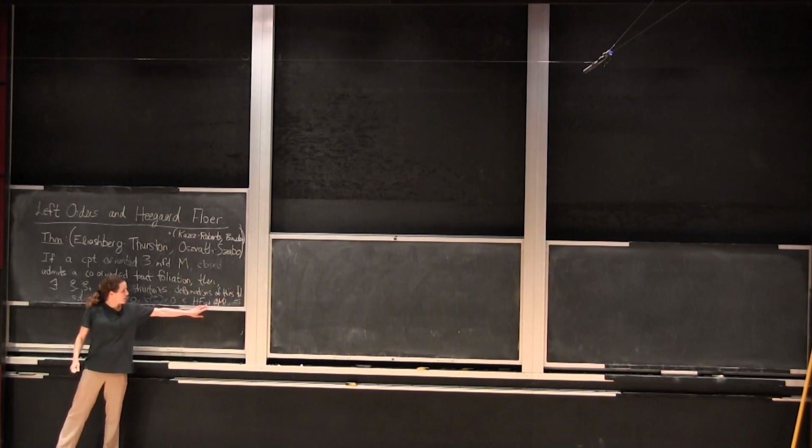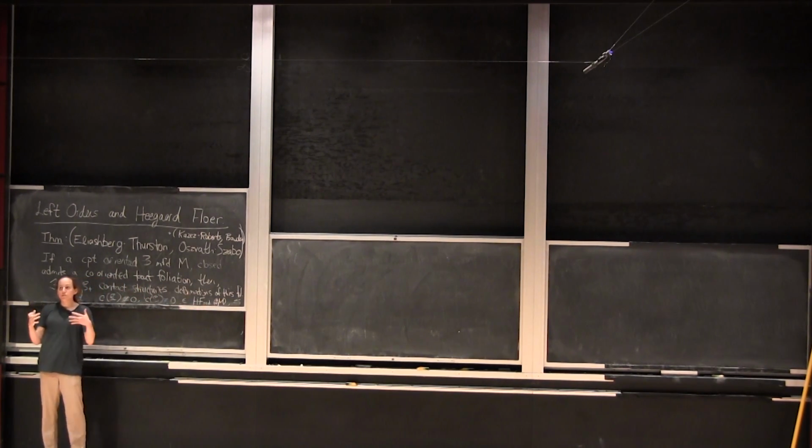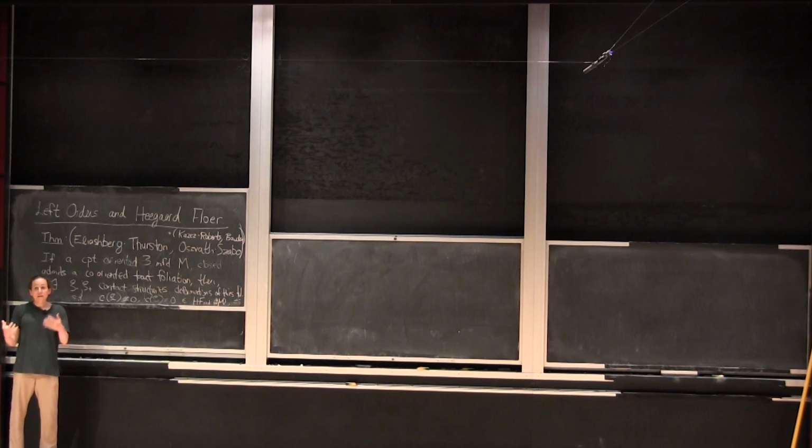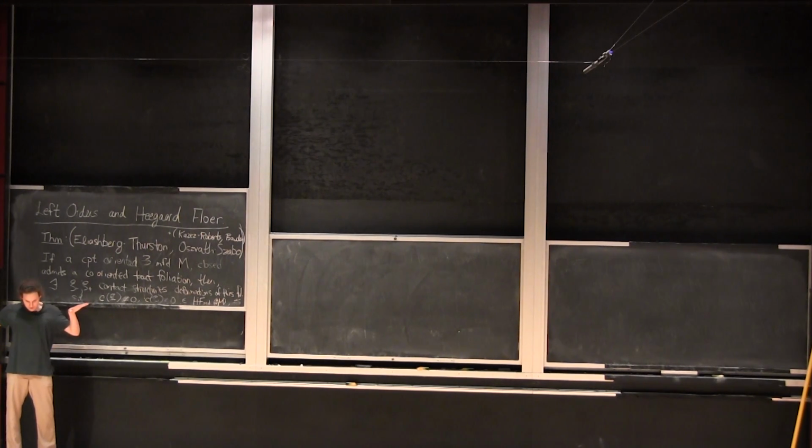Now this reduced part makes a difference. In each spin^c structure, there's a particular class that's the reducible class. And that's where L-space classes land. When you look at an L-space, it has one class in each spin^c structure that's non-zero, and that's a reducible class.